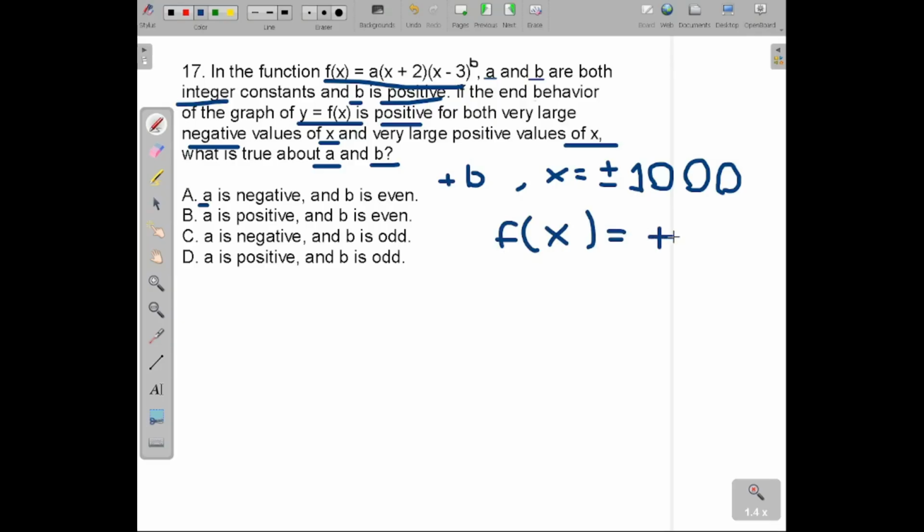So the final answer has to be positive. The end behavior of the graph is positive for very large values of x, either positive or negative.